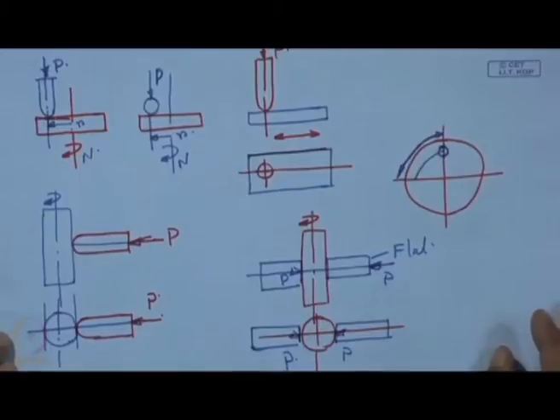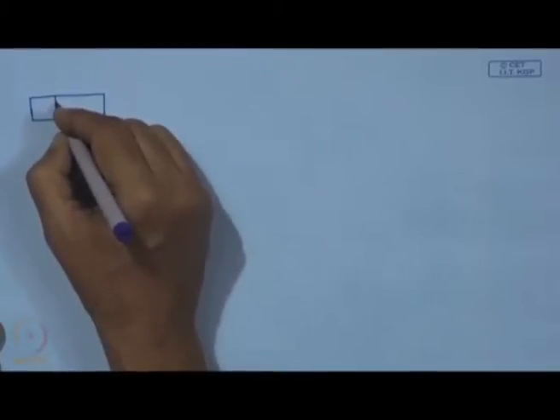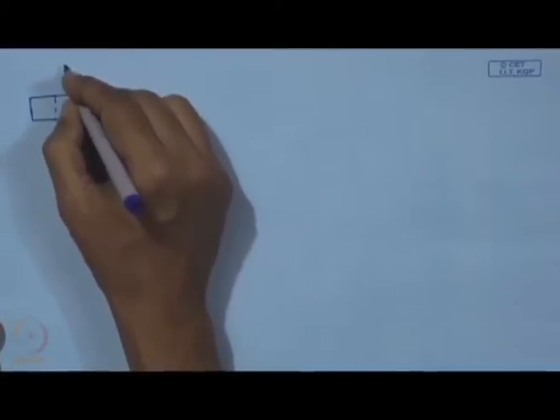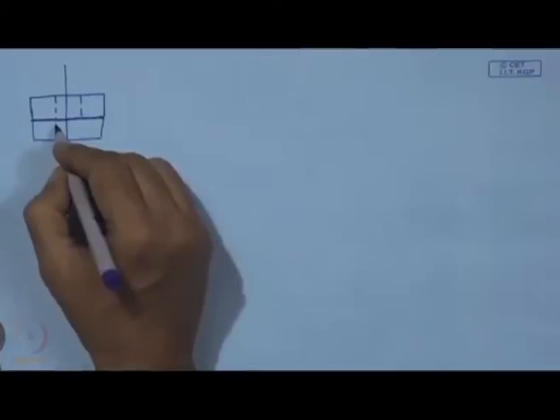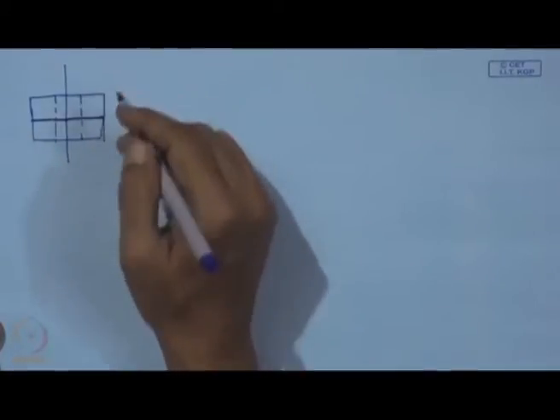Now comes a thrust washer. In a thrust washer, what is done? One washer will be held stationary. This is one washer with this center line, and it will be held against this one, which is rotating. So, there will be a thrust force.